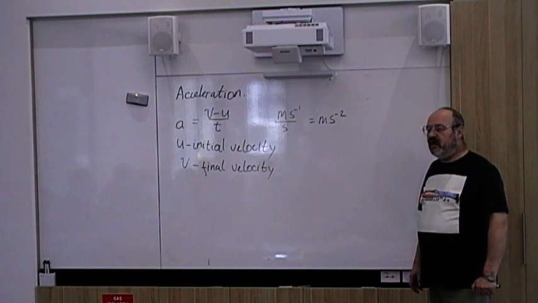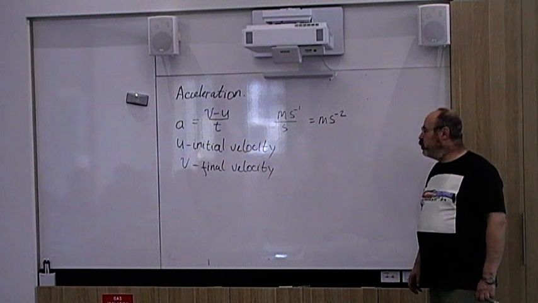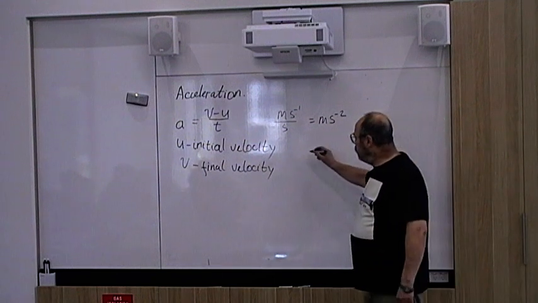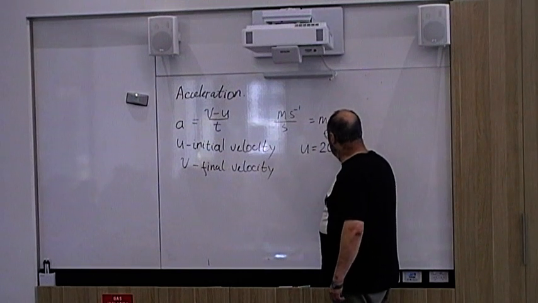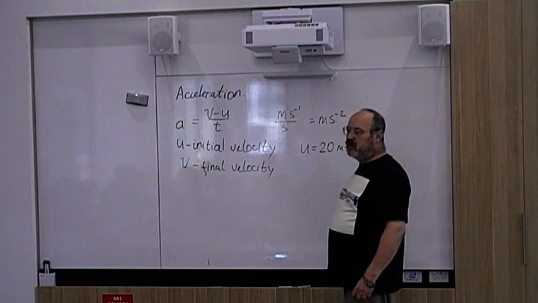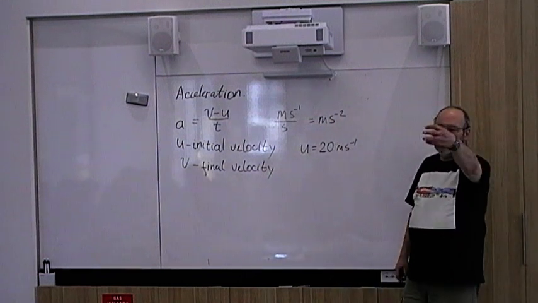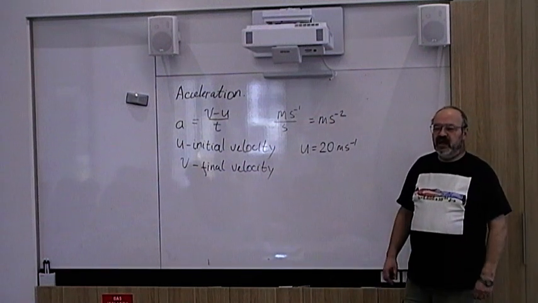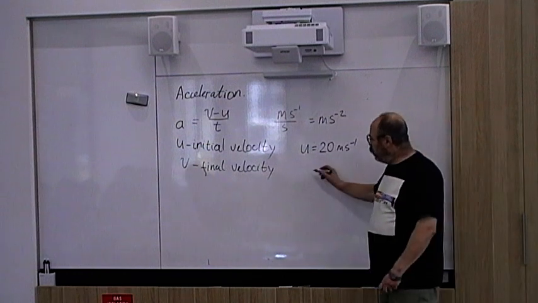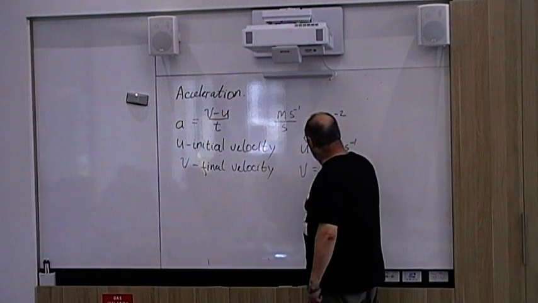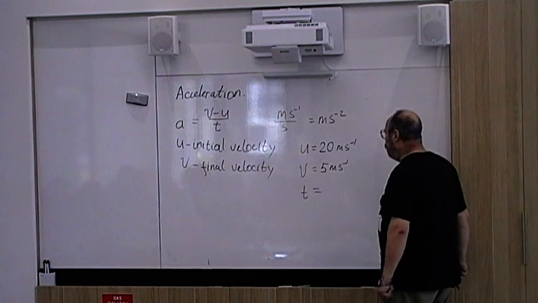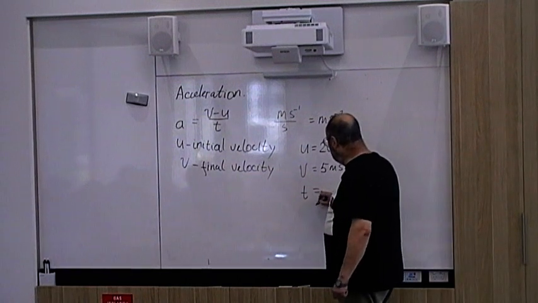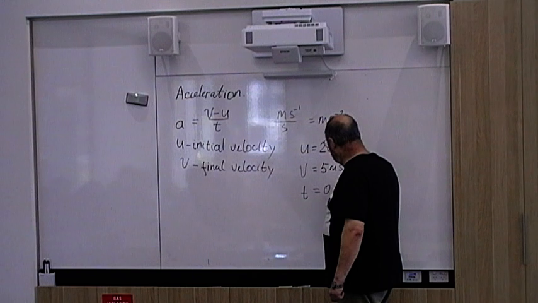So let's say a car was moving with velocity equal to 20 meters per second, and then the driver sees some obstacle ahead, presses the brake and slows down to 5 meters per second over a time interval of 0.5 seconds.